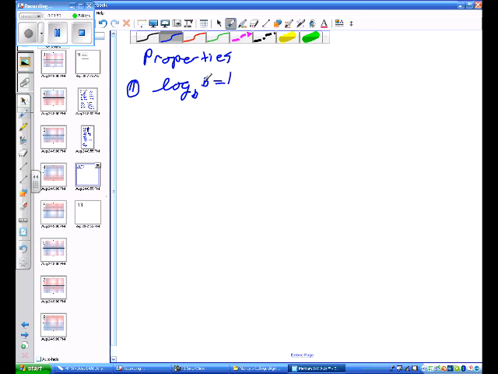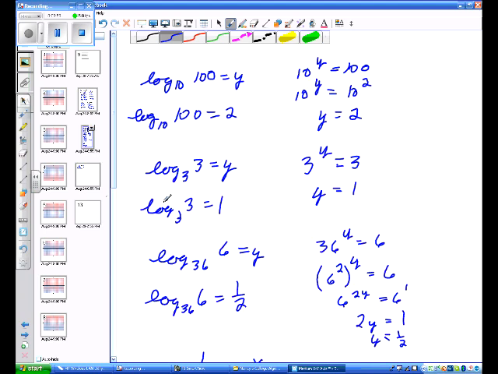When the base of your log is the same as your base, then it's going to equal 1. And we did a problem like that right here, where we have log base 3 of 3 equals y. Well, if you notice, it equaled 1. The base of the log was the same as the base of the number.